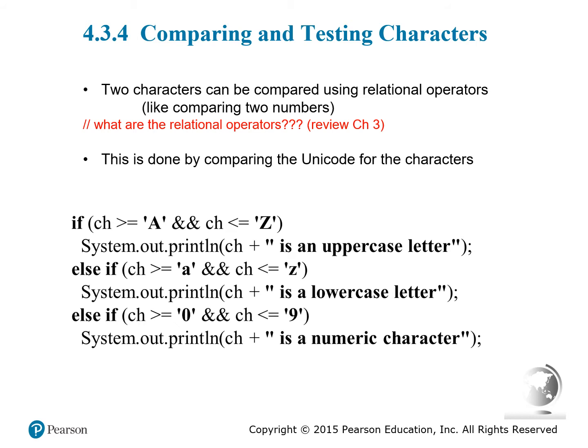Remember, we use the single quotes for characters, the double quotes for strings. You'll also notice that the double quotes are used in the println statements around the various strings. And when we use the plus sign with the variable ch, we effectively concatenate the character ch with the string that's in double quotes.